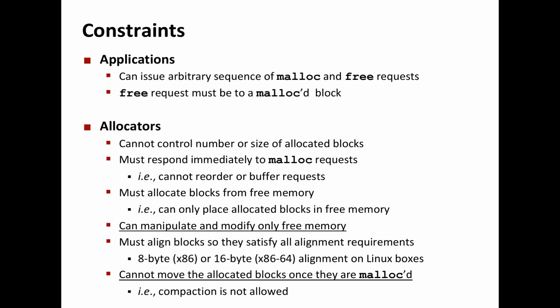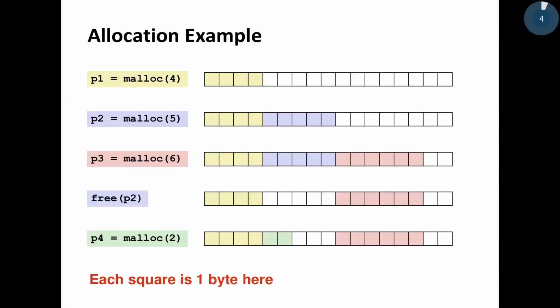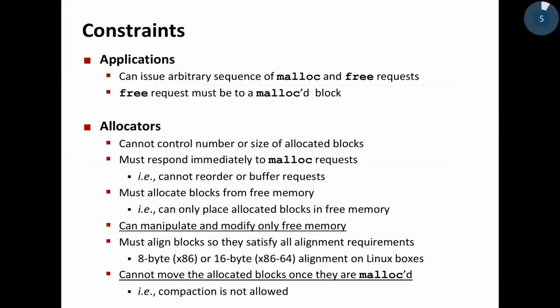So, for example, if we realize that 2 bytes are better placed at the very end, because let's say the following request after P4 malloc 2 is 5 bytes, that's too late. We cannot change it. So those are the assumptions, right? And there are other assumptions, such as that we cannot postpone malloc requests. We have to immediately respond and so on.